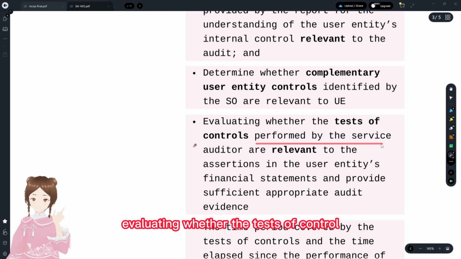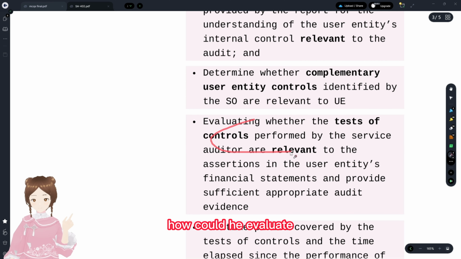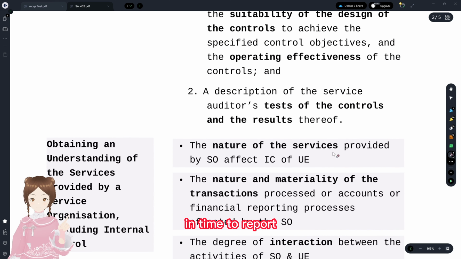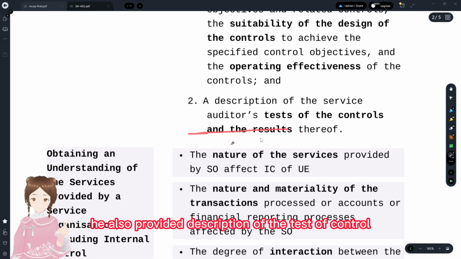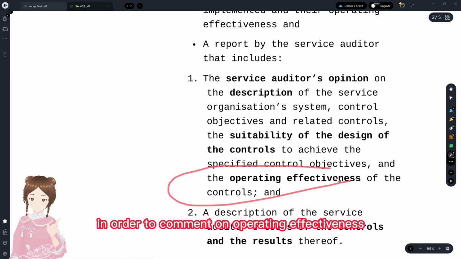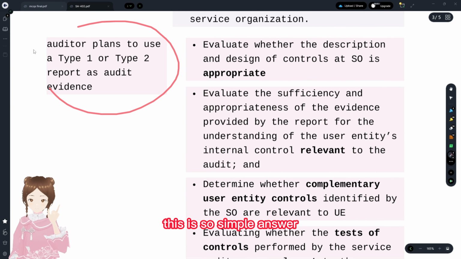He is also evaluating whether the tests of control performed by the service auditor are relevant. How could he evaluate this in a type 2 report? In a type 2 report, the service auditor also provides a description of the tests of control in order to comment on operating effectiveness. So he also has to evaluate that. This is a very simple answer.